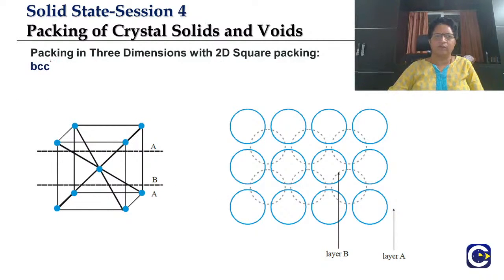How we are trying to put from a 2-dimensional square packing a 3-dimensional BCC structure. So what are we trying to put in between the spaces?